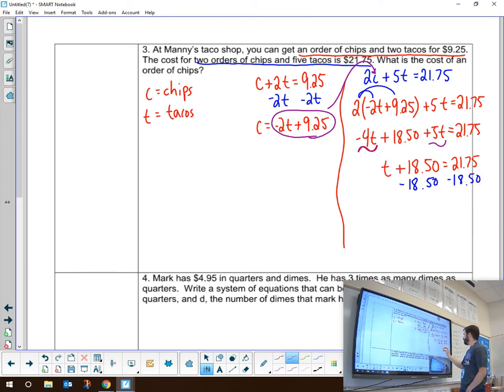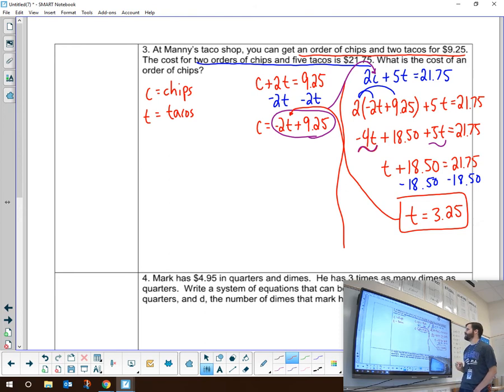and that's going to give me one taco is equal to $3.25. Okay? So now I know what one taco is. And remember, once I know what this is, we need to find my answer here. What is the cost of an order of chips? So to do that, let's take my value for this taco, plug it in for my t over here, and then we can find what an order of chips costs. So let's see here.